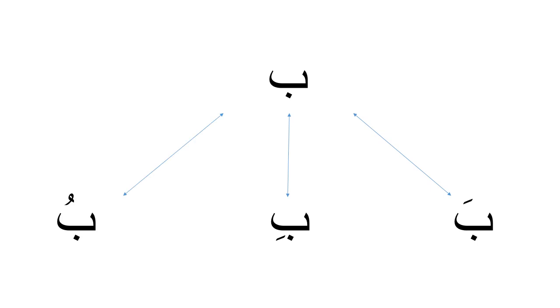Finally, if we put damma, we do say bu. So we have ba, bi, bu. One more time. Ba, bi, bu.